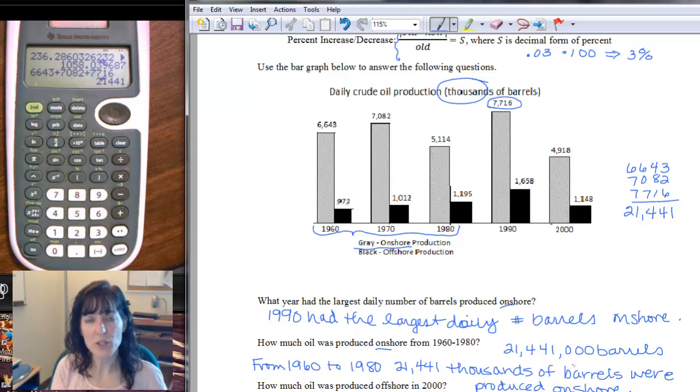So you have your choice. You can write it out as the number of barrels, or you can leave it in the units of thousands of barrels, but either way you've got to specify which way you went, so I know. And so other people know too.